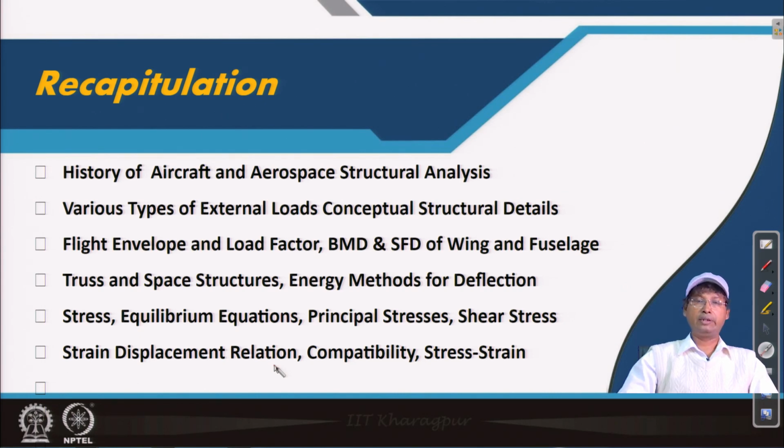Then in the last class, considering only the linear part, we have come across the complete compatibility equations. Compatibility equations are important for unique solutions, and that has to be maintained. So we have learned what the equations are, and we need to satisfy those conditions for any analysis.